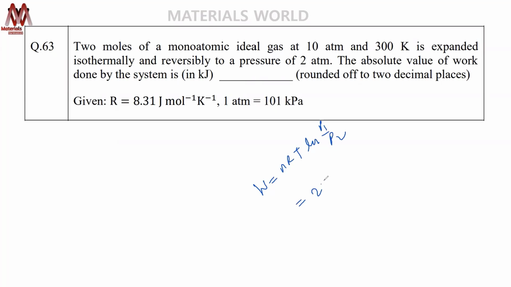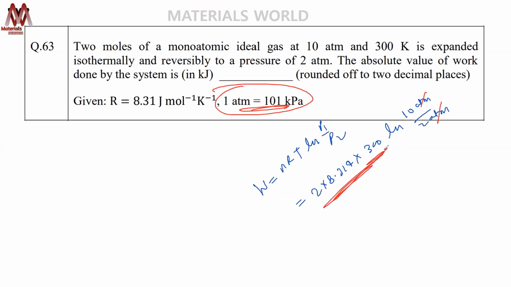So n is 2, R is 8.314, T is 300 Kelvin, ln of 10 atm by 2 atm. Why am I writing atm? See, this is a ratio, so atm will get cancelled. Even though 1 atm conversion is given, you don't need to convert it, because P1 by P2 is a ratio and there is no other P in this expression. If you were using R in SI units, then pressure should be in Pascal.